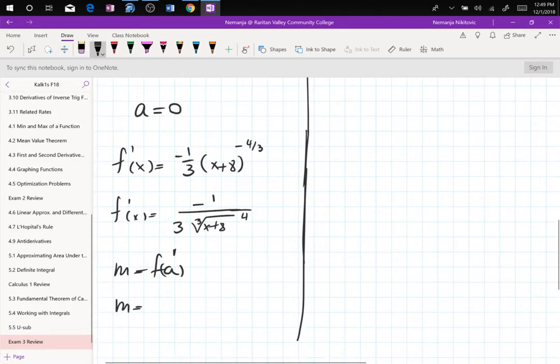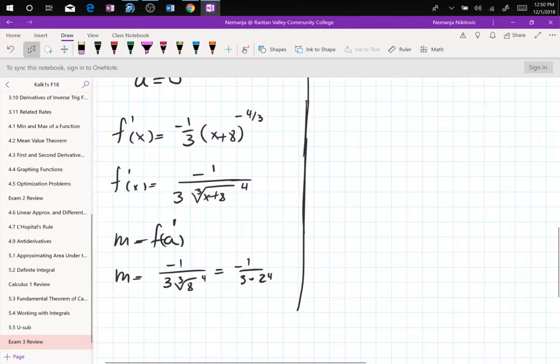So m is equal to negative 1 over 3 times the cube root of 8 to the 4th power. That's negative 1 over 3 times 2 to the 4th. 2 to the 4th is 16. So we have negative 1 over 3 times 16, and that's negative 1 over 48.